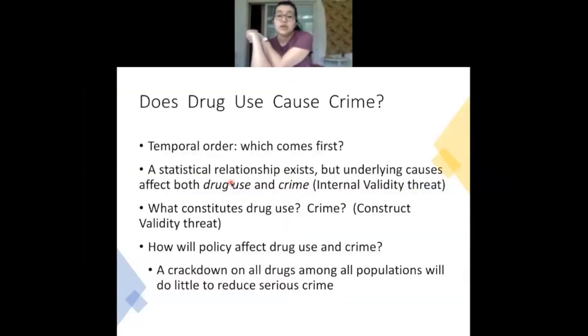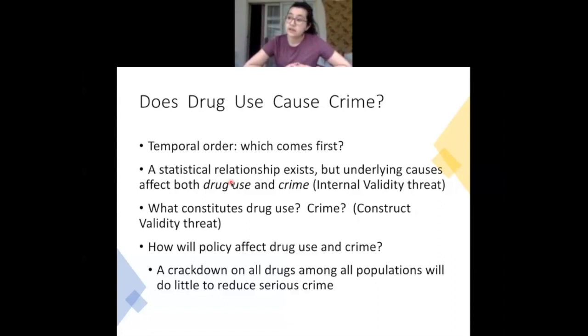Okay, so whether or not drug use causes crime is a good example of how we can think about temporal order and causation. So which comes first? It depends on our data and how we think about it.